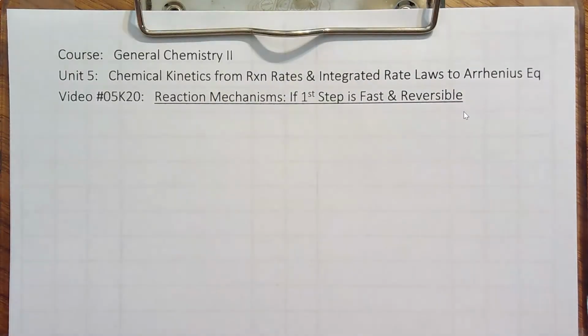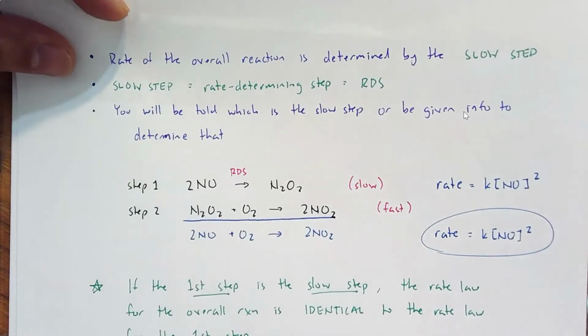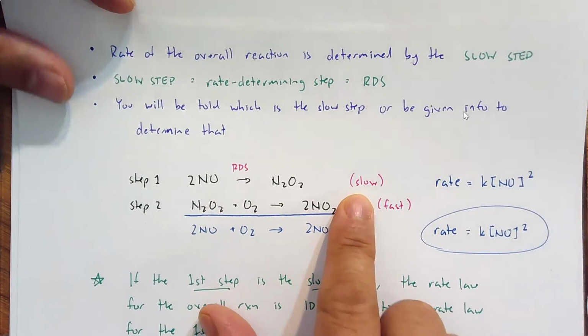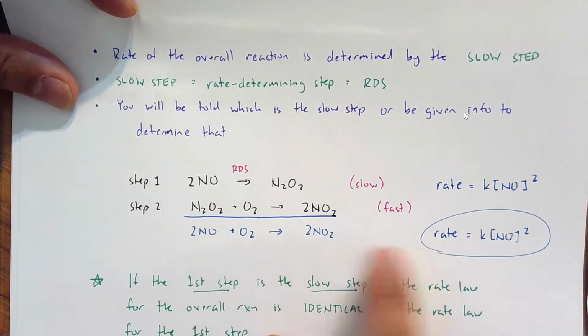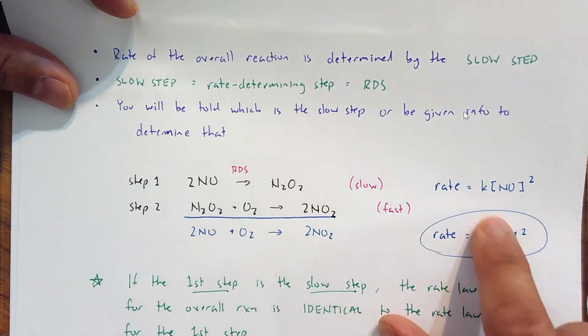Here's the example. Because the first step is slow, the rate law expression for the overall reaction is identical.